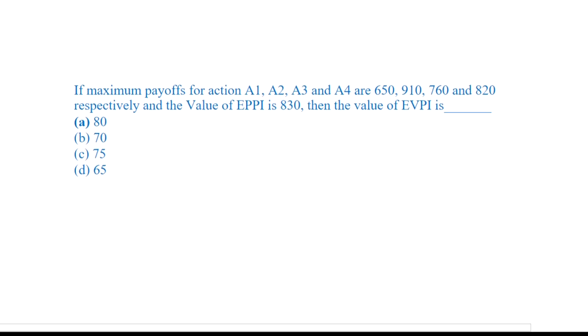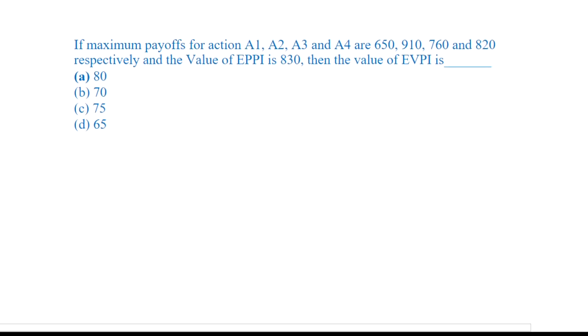Next question. It says that if the maximum payoffs for action A1, A2, A3, A4 are this and this respectively. Maximum payoff means first of all I have to find EMV. EMV is 910, right? And it belongs to act A2.